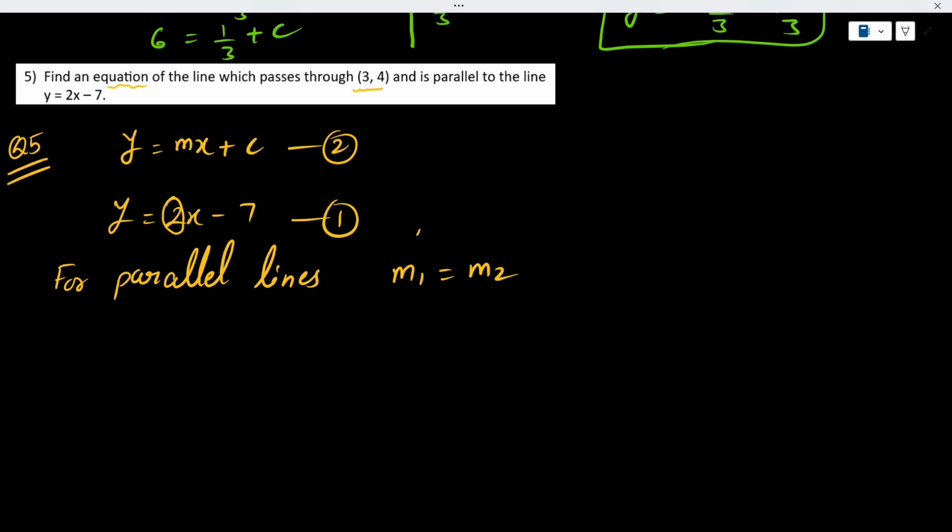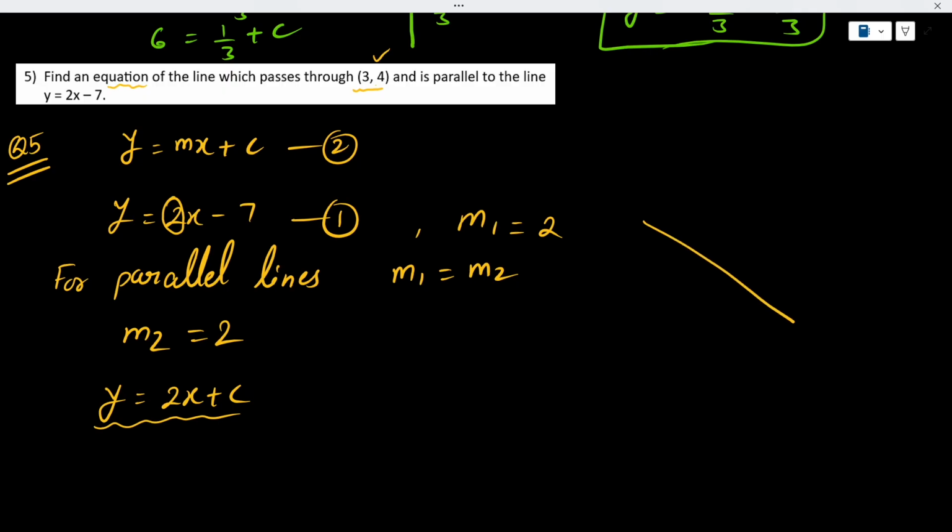So from equation 1, I know here m1 is 2. So m2, the gradient of the second line, is also going to be 2. So we can write 2x plus c. This is your equation 2. Now this passes through 3 comma 4, right? Because this is the equation of a line which passes through this point and is parallel to the given line.